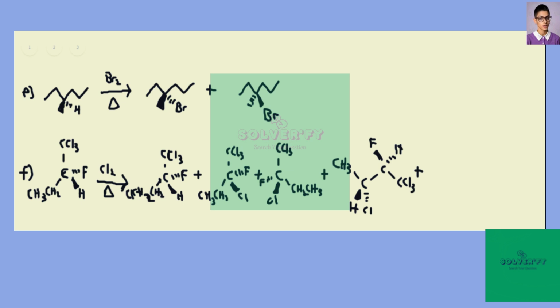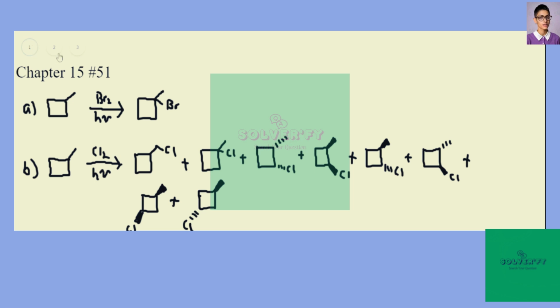And then our last product here is going to be the other stereoisomer of that. So the orientation around this carbon is unchanged. And then we can have the chlorine on the wedge there and the hydrogen on the dash. Okay, and so those are our potential products for F.